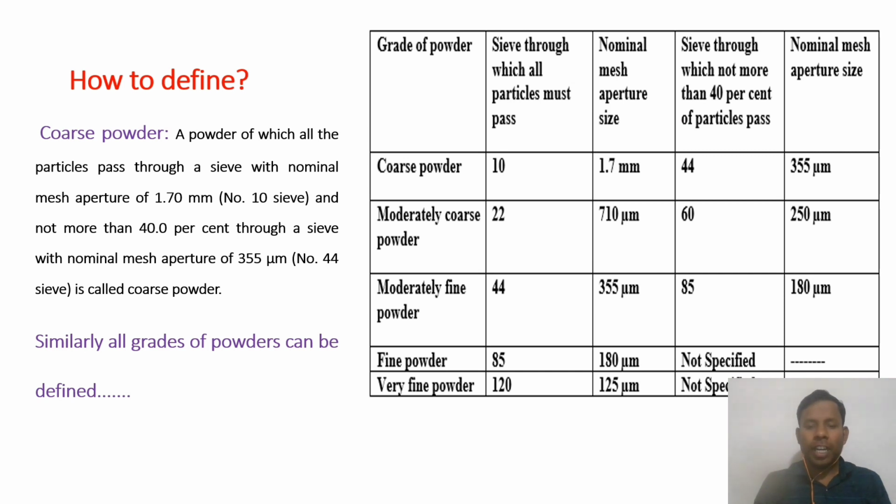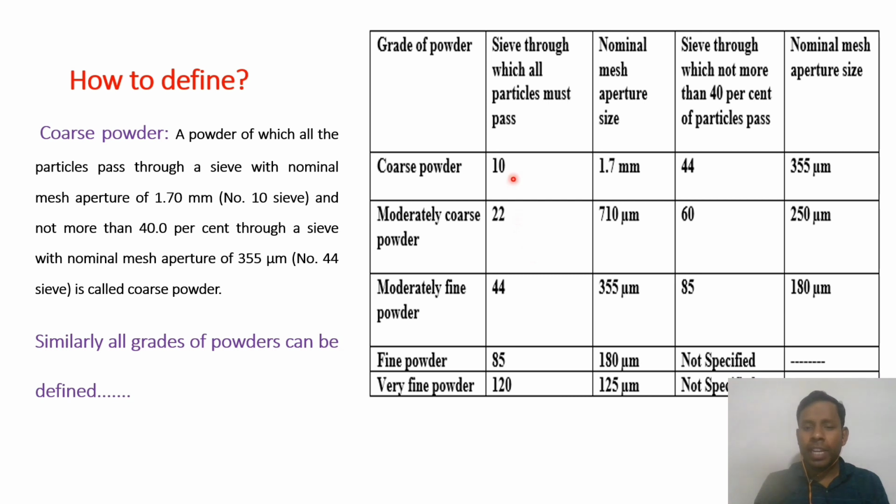So these are the official grades of powder: coarse powder, moderately fine powder, and very fine powder. Now, how are they categorized? If you see this table, the second column is the sieve through which all particles must pass, and these are the nominal mesh aperture sizes for these sieve numbers.